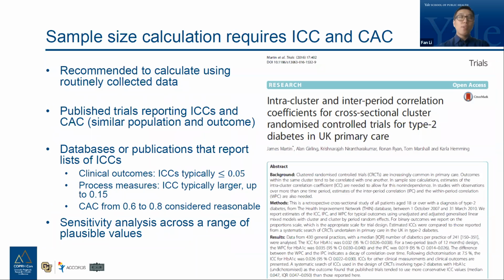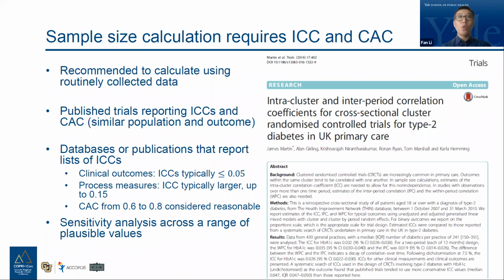So the sample size calculation in SW-CRTs requires ICC and also CAC parameters for these more complex models, and these may not always be easy to obtain in practice. Usually we recommend calculating these values using routinely collected data if they will be available prior to the study.